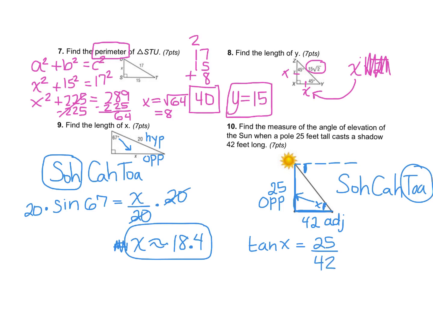So now to solve, what I would do is I would take the inverse. So I would do tan inverse, and then in parentheses you're going to put 25 over 42. And then that's going to give you about 30.8 degrees.